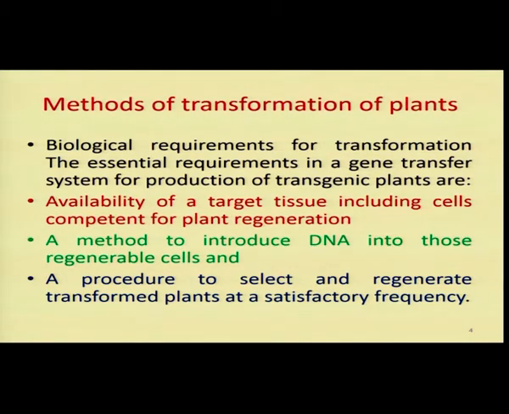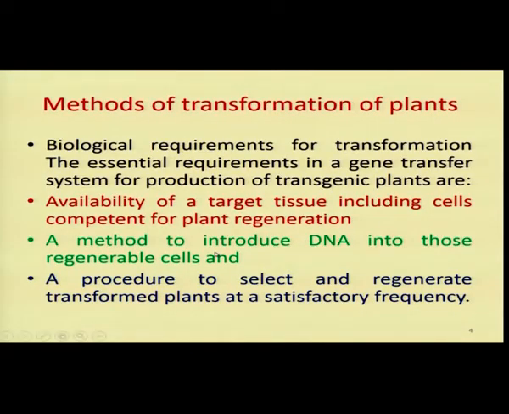Is it the leaf? Or is it the chloroplast? Which tissue are you going to transform? The major criterion here would be that whichever plant part you choose, you should be able to regenerate the whole plant, so that the whole plant will contain the gene which you have introduced into the plant tissue concerned.